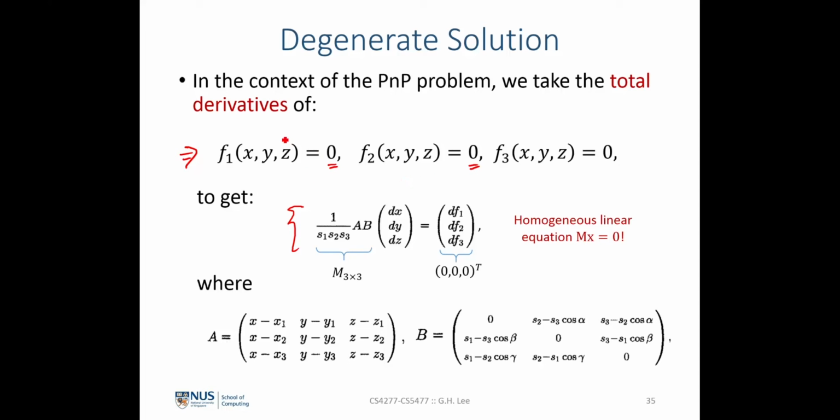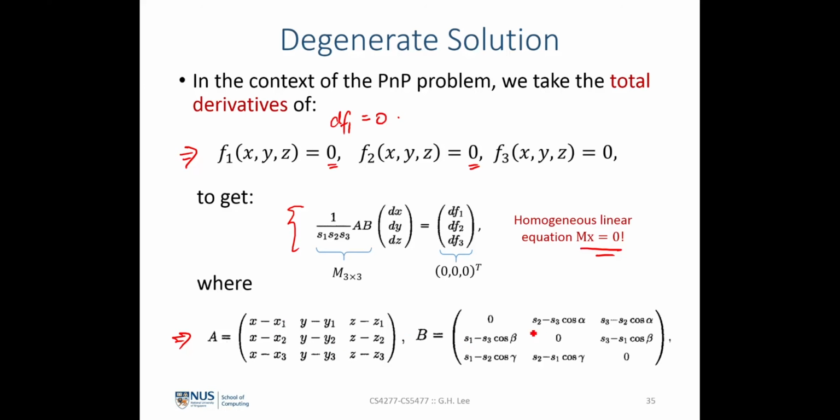What this means is that if we take a small change in f1, it also has to be 0, and hence we can form a homogeneous linear equation where A is given by this matrix. It's simply the difference between the respective coordinate of the camera center and the respective coordinate of the individual 3D points, x minus x1 and so on and so forth.